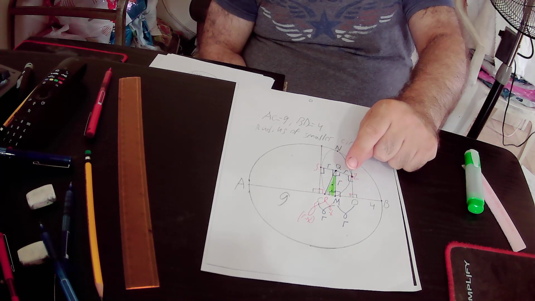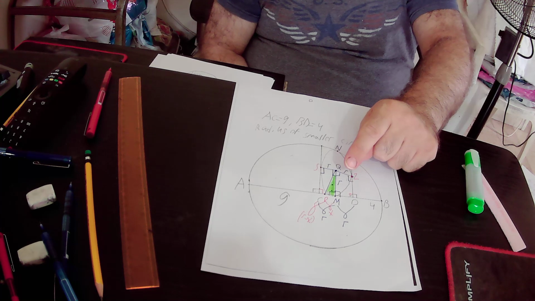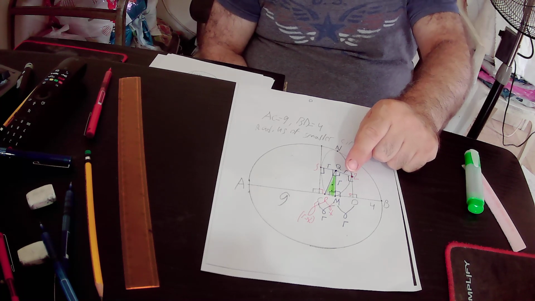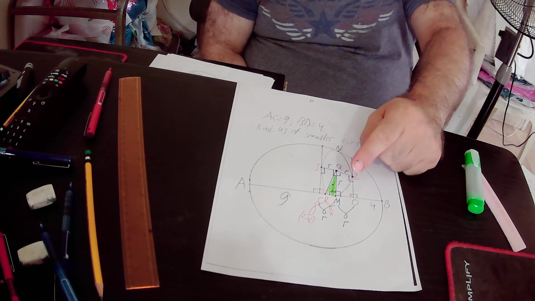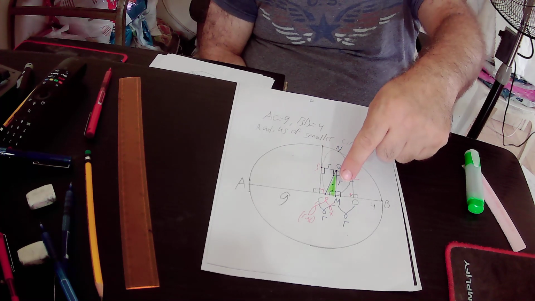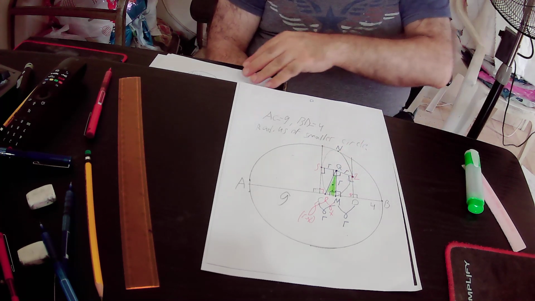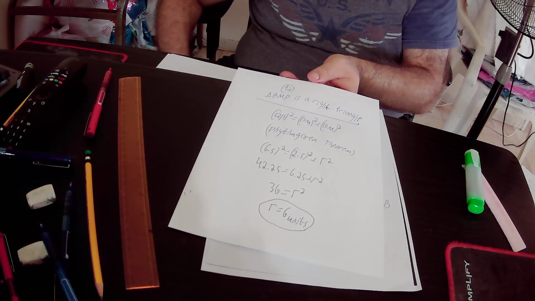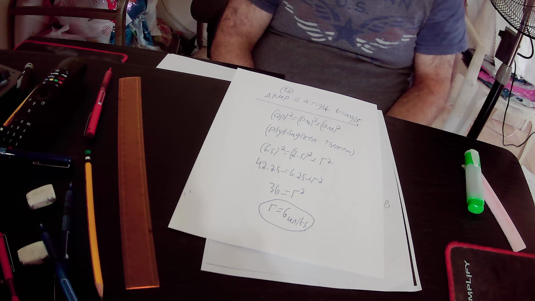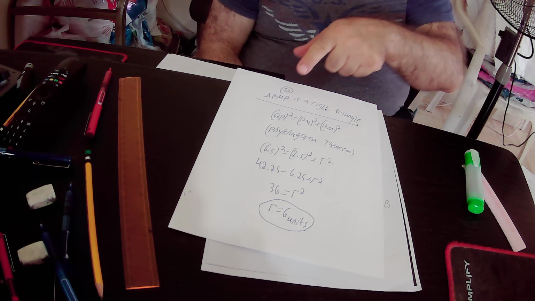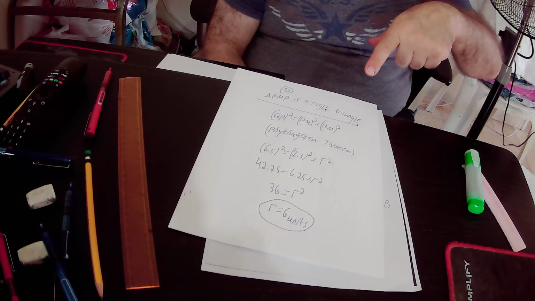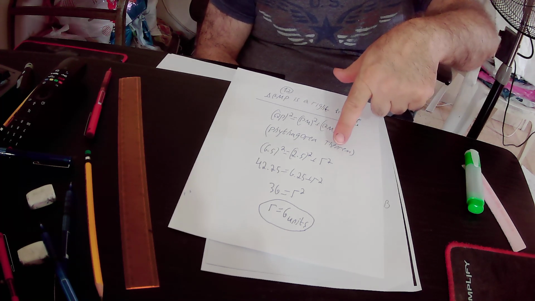So in this green right triangle, we implemented the Pythagorean theorem, which states that the square of the hypotenuse equals the sum of the squares of the perpendicular sides. That is to say, QP squared equals PM squared plus QM squared, and we know that QP equals 6.5 units, PM equals 2.5 units, and the only missing variable is the radius of the small circle.